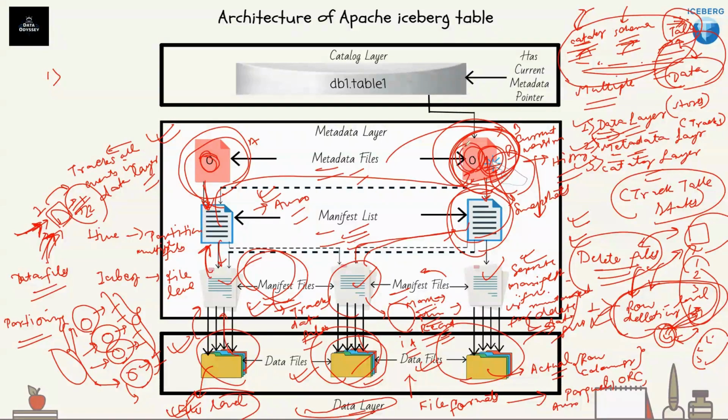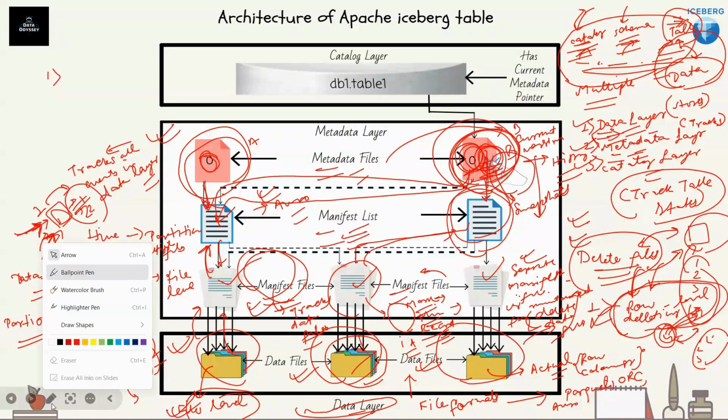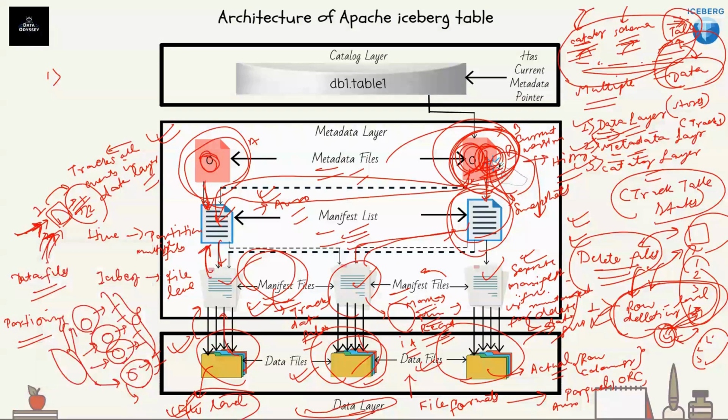So snapshot 0 will be stored in both the metadata files, but this 0 is related to a single manifest list. Okay, and this one which has blur over here is related to this manifest list altogether, right? So let me use a different color. This one is related to this snapshot, to this manifest list. So each snapshot has got its own manifest list.